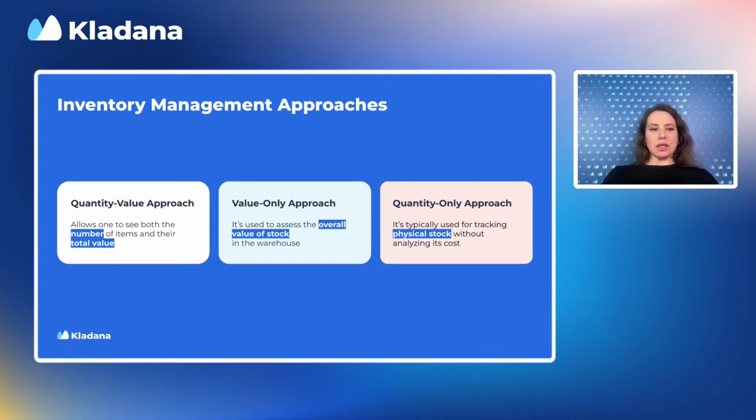After this becomes a habit for you, and every operation is recorded in time properly, you can start to count value too. And in cases when a company chooses only to count quantities, they still get some financial data, but this data and these reports come from the accounting team.